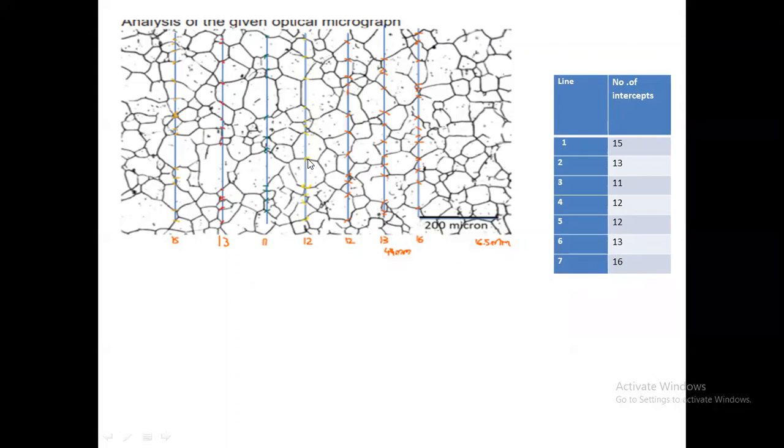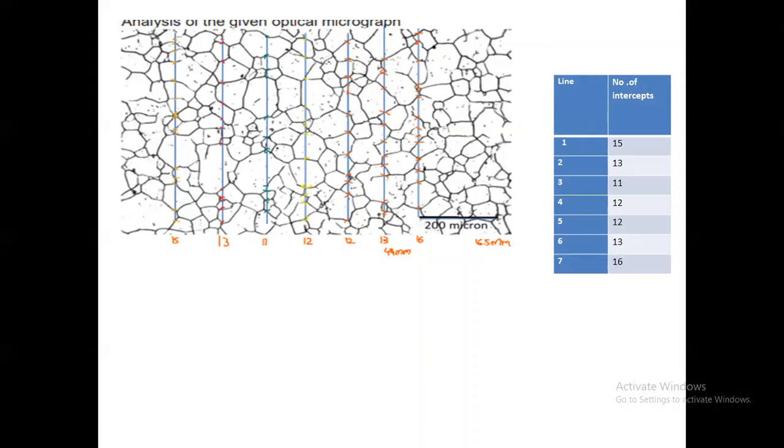I have taken the length of each intercept line as 49 mm according to my scale bar. When I measured the 200 micrometers on the optical microscope image with my scale, it showed around 16.5 mm.